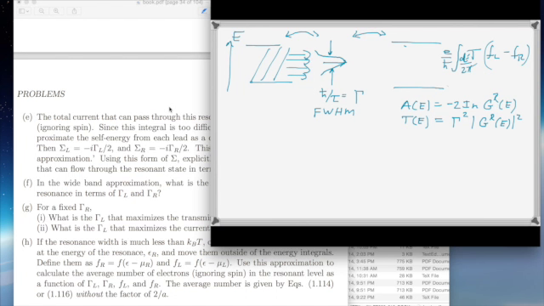They say sigma left, due to the left lead, is just minus i gamma left over 2, and sigma right, due to coupling to the right lead, is minus i gamma right over 2, where the gammas are just some number. Then everything becomes very easy, and you can do all your integrals analytically.